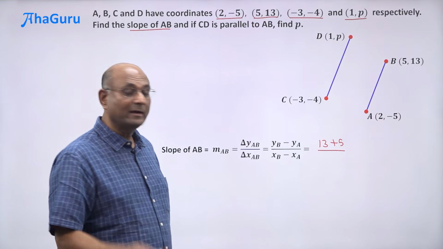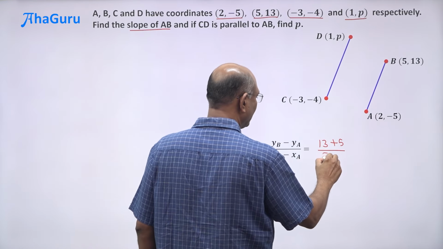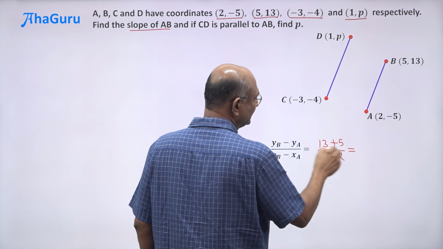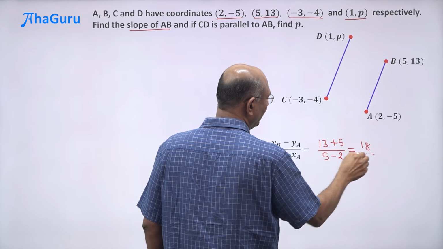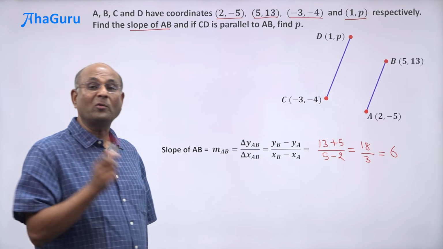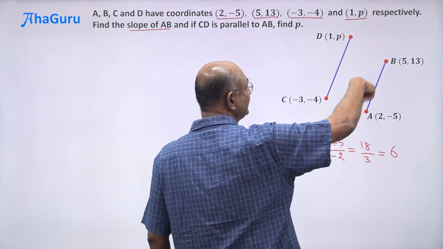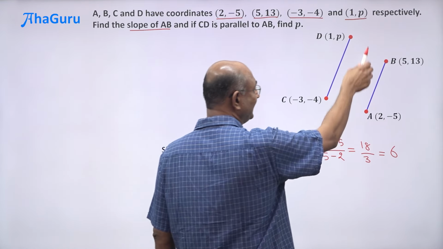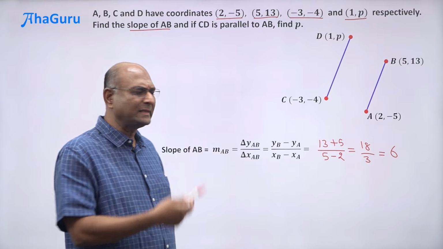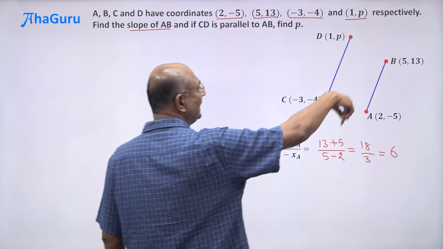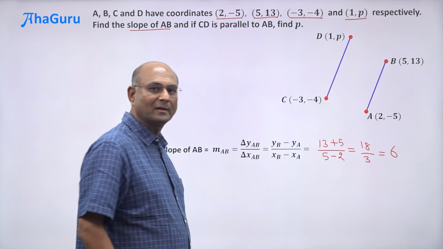XB minus XA. What is XB? 5. Minus XA. So that is minus 2. What is this? 18 by 3, which is giving us 6. So that means the slope of this line segment AB is 6, which is quite a lot of slope. It's a very steep looking line, as it seems already here from the diagram. Okay, so the slope of line AB is 6.